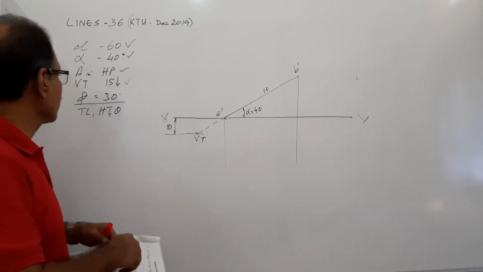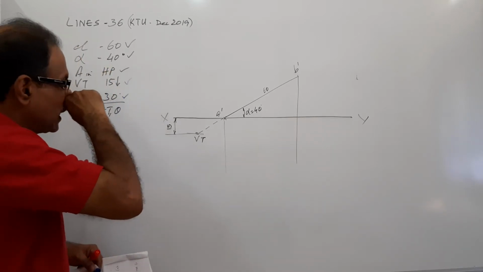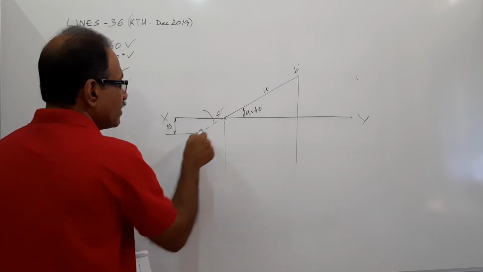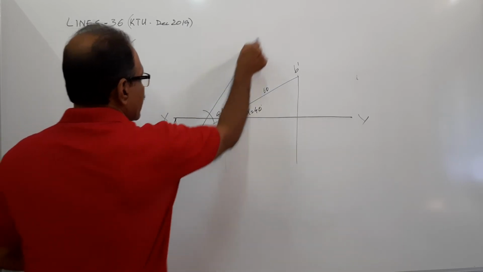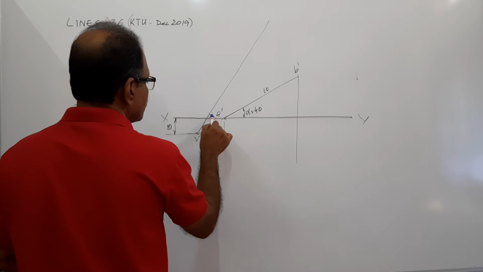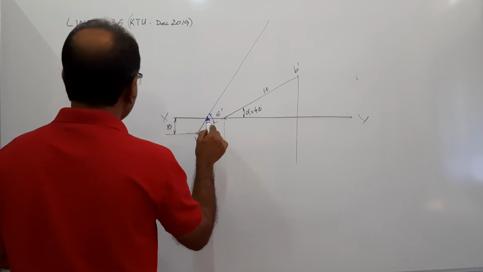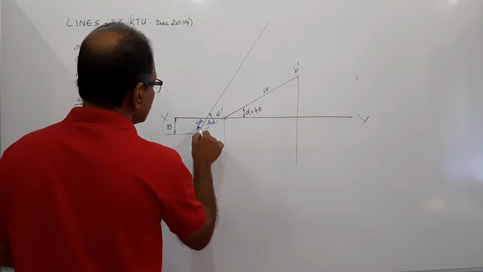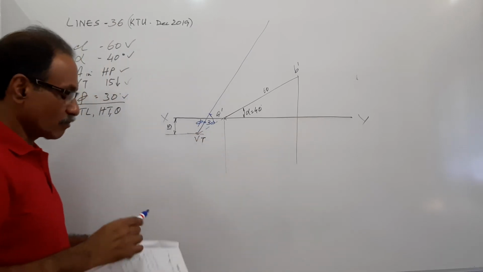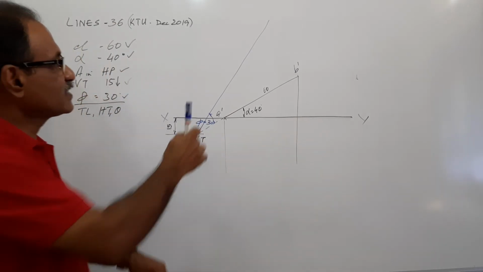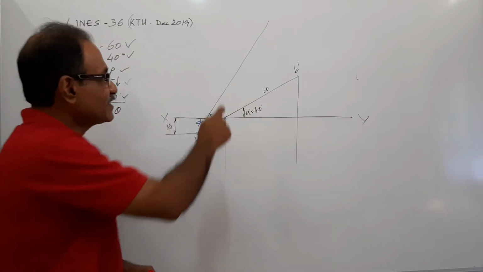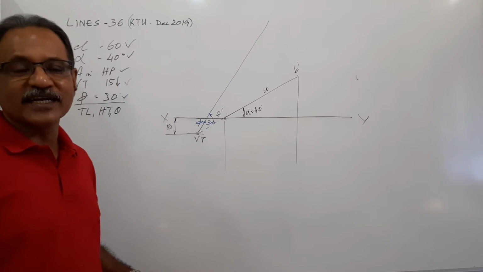You are given phi. Take phi from this elevation at VT and draw a line. Phi equals 30. This line, according to trapezoidal construction, contains true length.